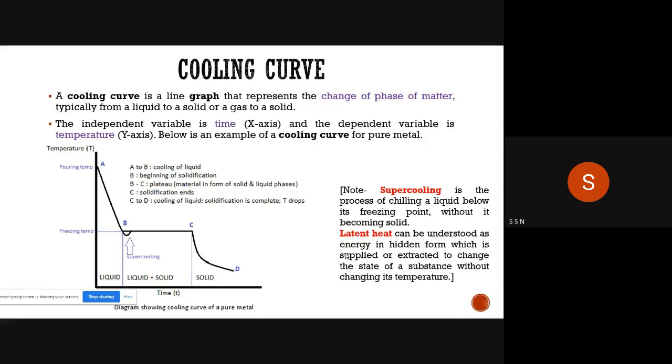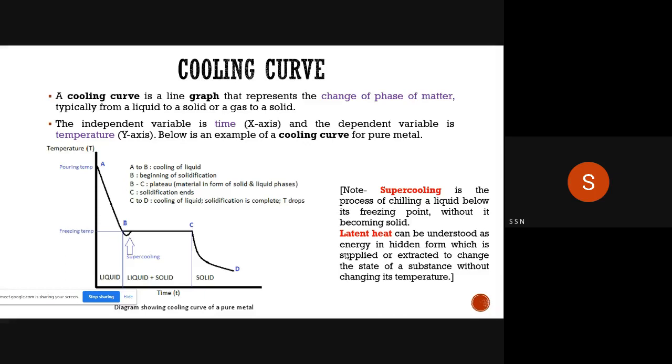So on x-axis we will take time, on y-axis we will take temperature, and one example of that cooling curve is shown, cooling curve for the pure metal. If you have melted one metal to a liquid, then that liquid form of metal, suppose its temperature is very high, that is temperature written there as a pouring temperature.